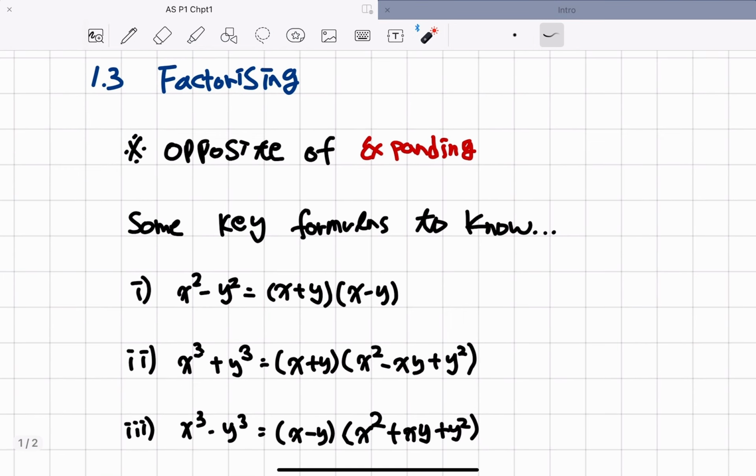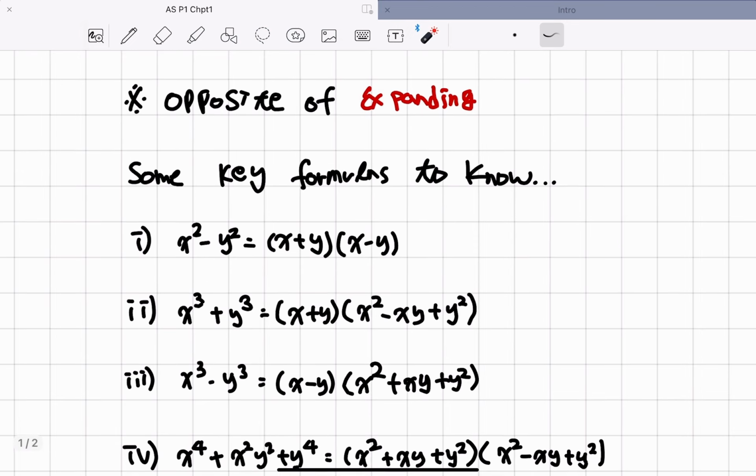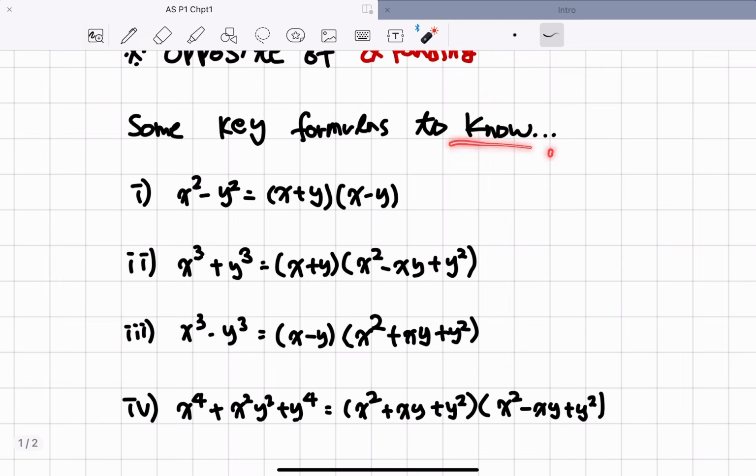So 1.3 about factorizing. So it is simply the opposite of expanding. So these are some key formulas to know. I mean, you don't need to memorize, but it's useful, right? So the first one, x squared minus y squared equals x plus y times x minus y.